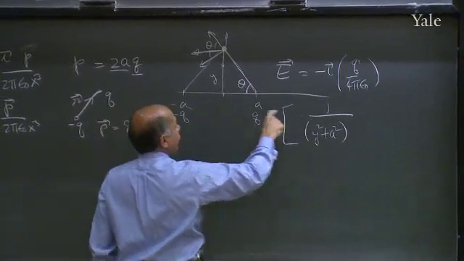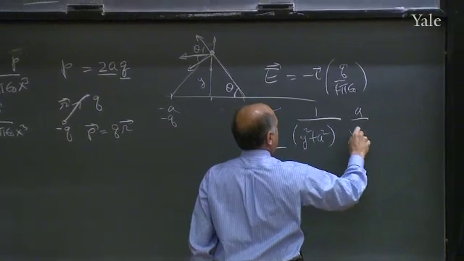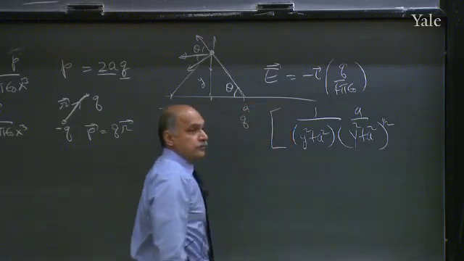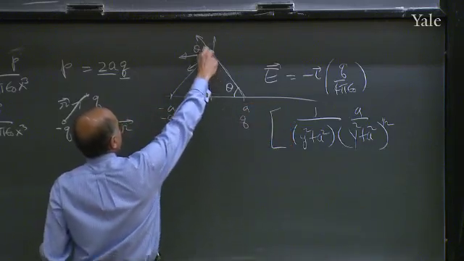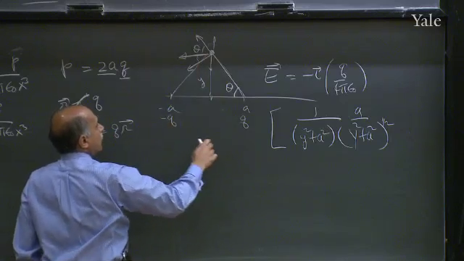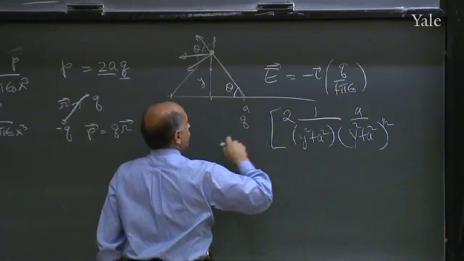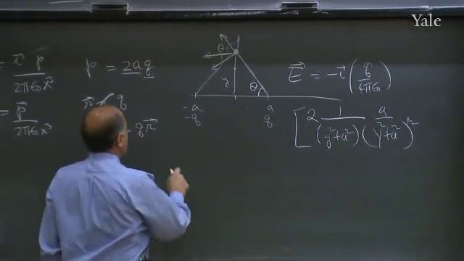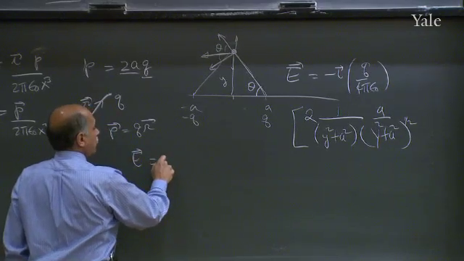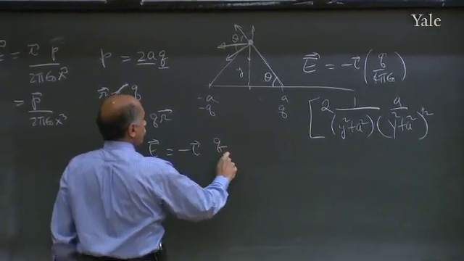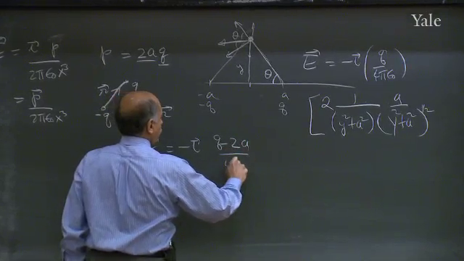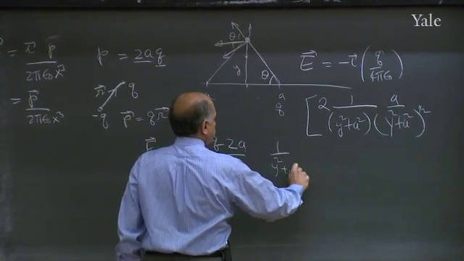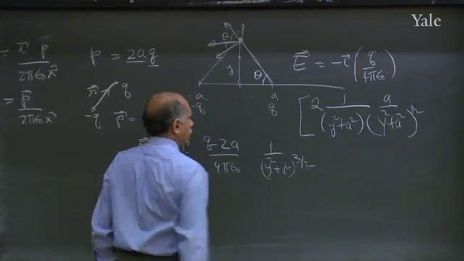The cosine theta is a divided by y squared plus a squared to the 1/2. You want to take that force and find its horizontal part. Then I'm going to put another 2 because this contributes an equal horizontal part. So the E in the end is equal to minus I q 2a over 4 pi epsilon 0 divided by y squared plus a squared to the 3 over 2.